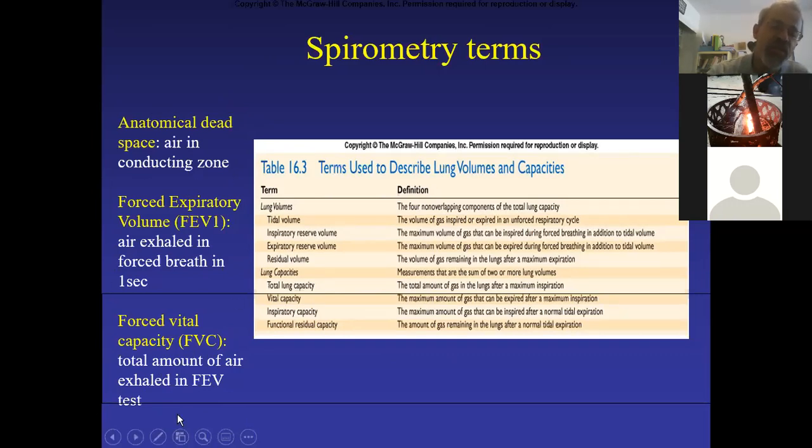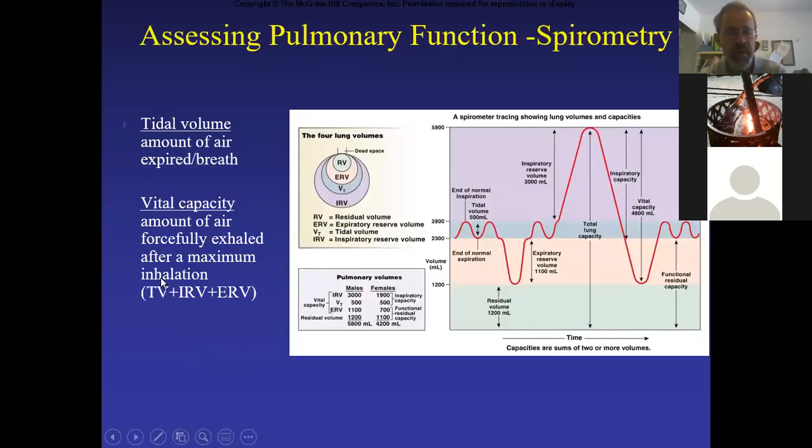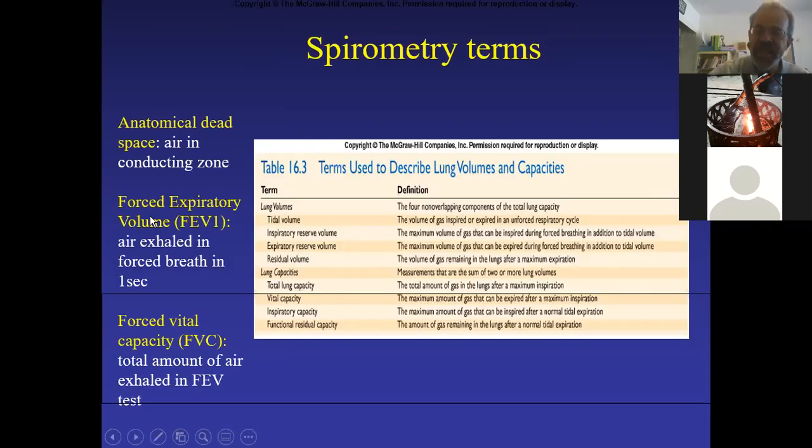These last two, forced expiratory volume and forced vital capacity, even though vital capacity by itself on the previous slide is very important. Probably the best assessment of breathing as far as any pathological conditions is determined by what's called FEV1.